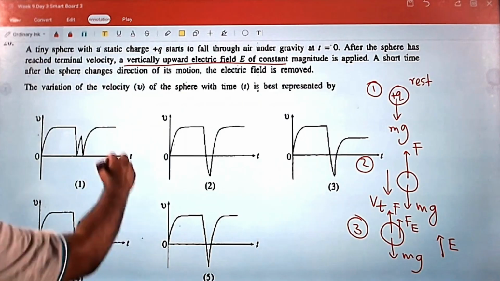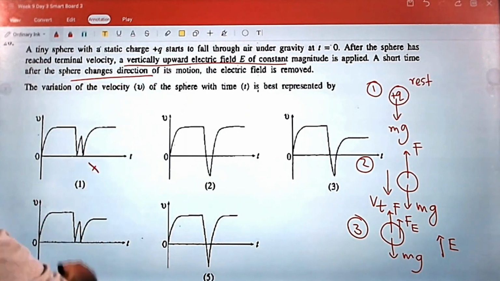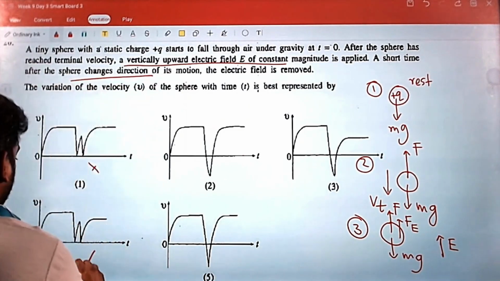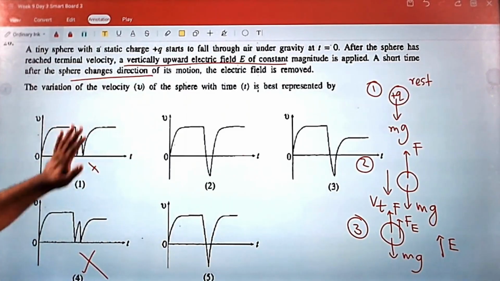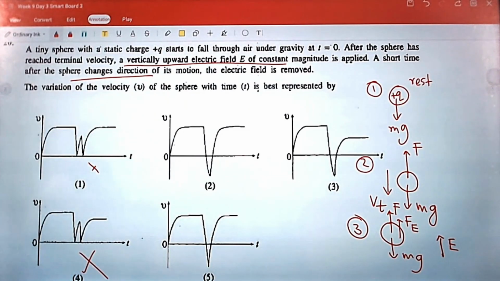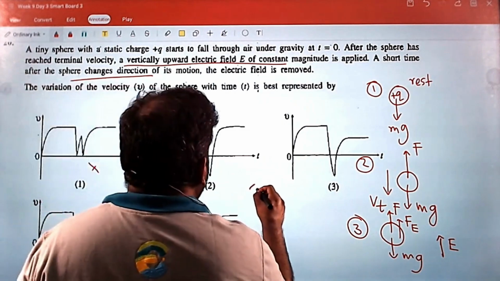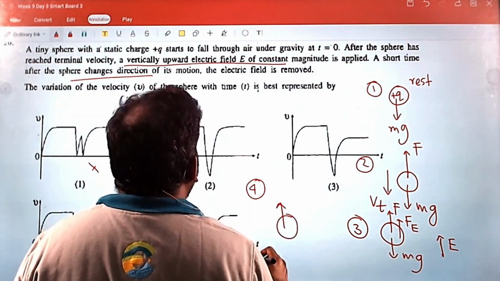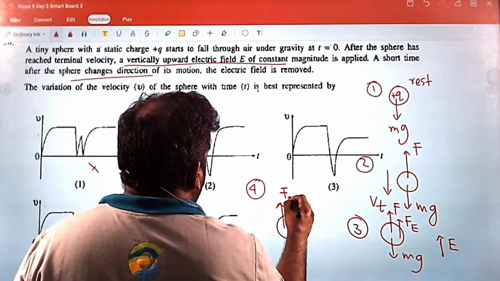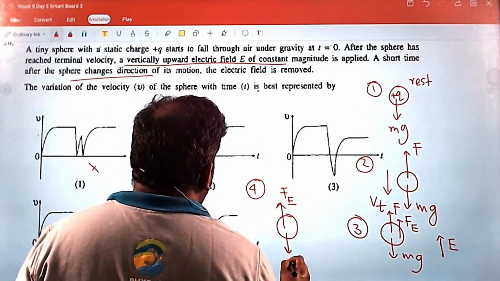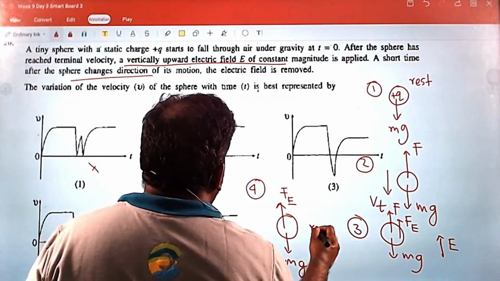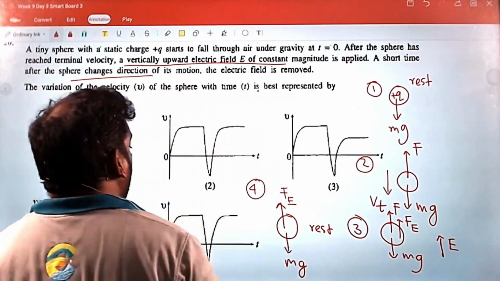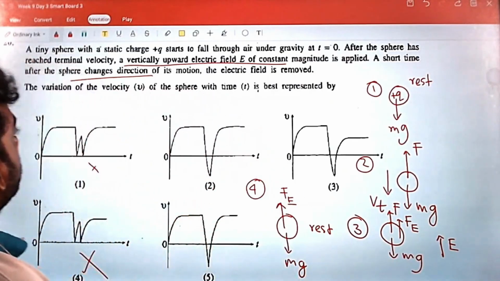That means it can't be this one, they are in the same direction. In the v-t graph, changes direction means the upward electric force is greater than mg. Starting from rest, now the object is going upwards.